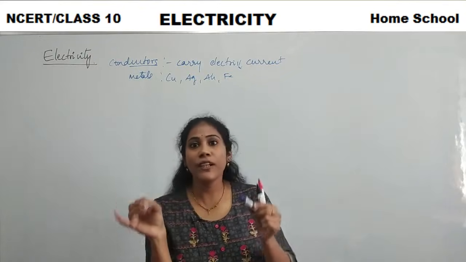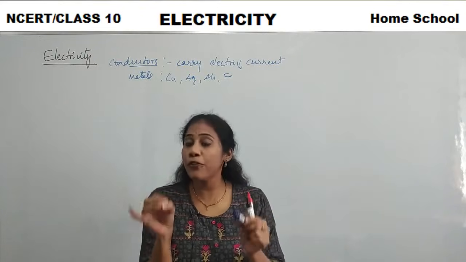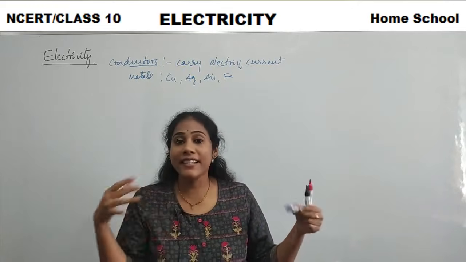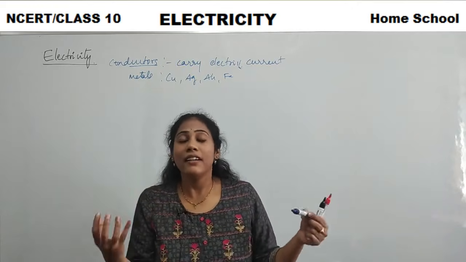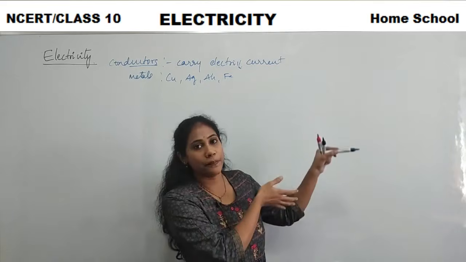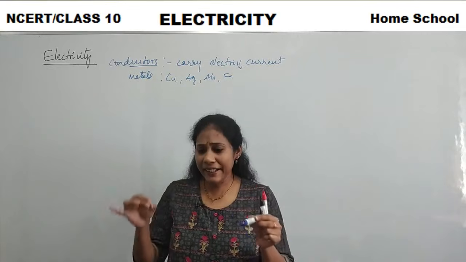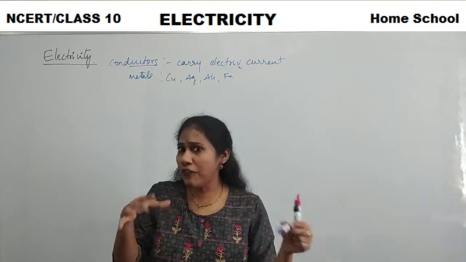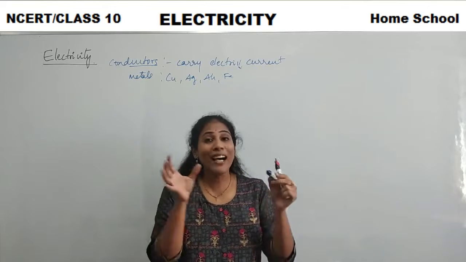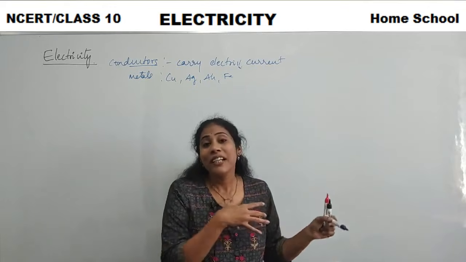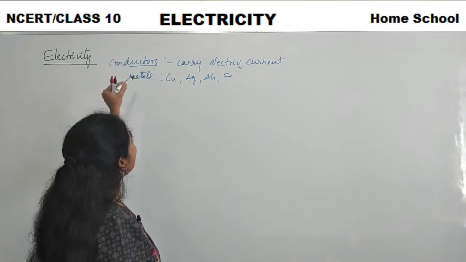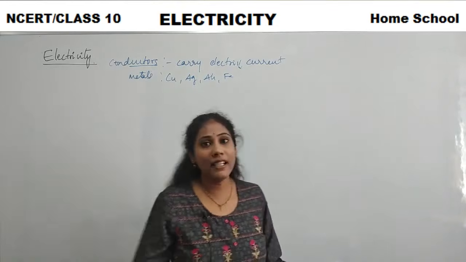Electrons move from one atom to another atom, and that is how electricity is generated and how electricity is moved. This movement of electrons from one atom to another atom is observed only in the case of conductors, which are nothing but metals.